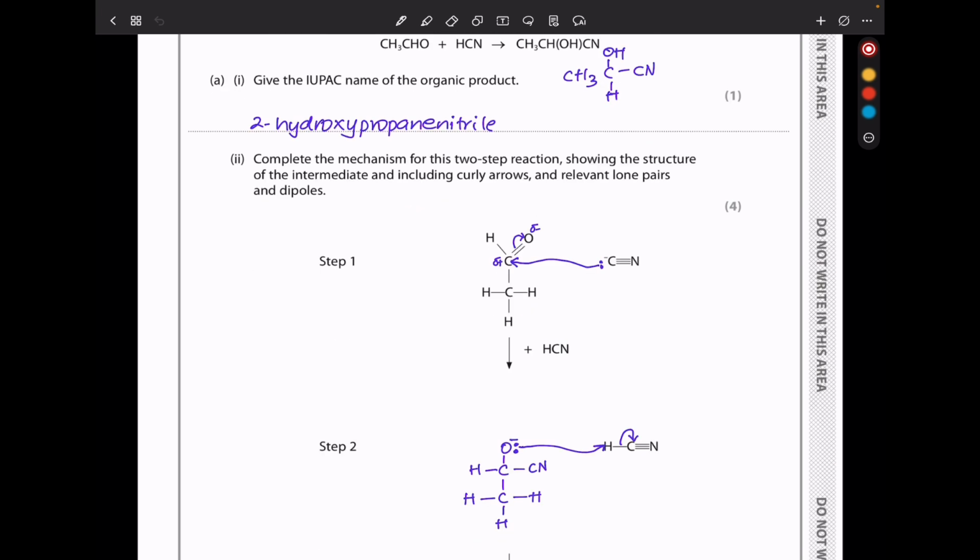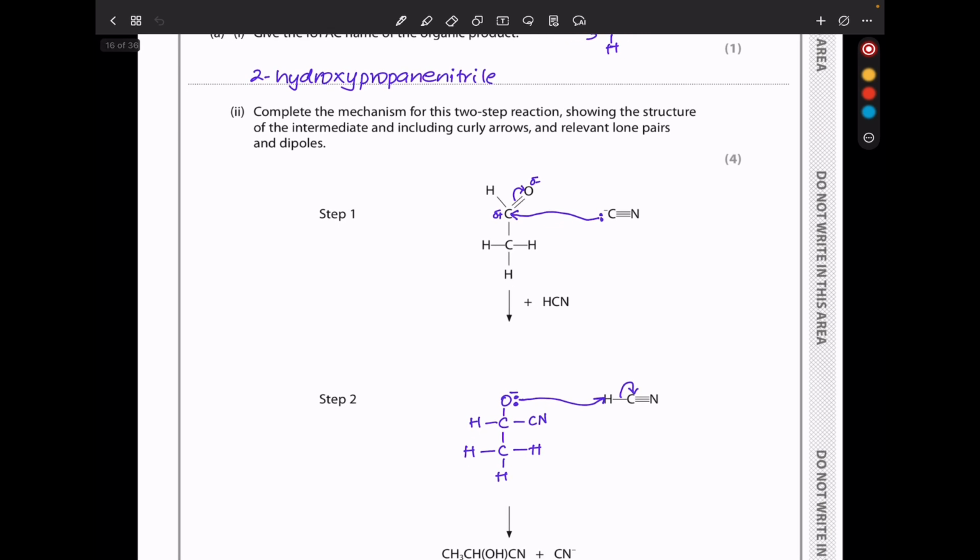Next they say, complete the mechanism for this 2-step reaction, showing the structure of the intermediate and including curly arrows and relevant lone pairs and dipoles. So in the first step, we will put the partial charges, partial plus, partial minus, and then the lone pair on the carbon in the CN comes and donates electrons to the partially positive carbon, and that bond is going to break, creating an oxygen with a negative charge in this intermediate.